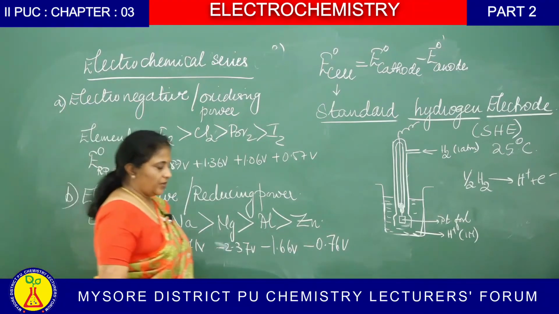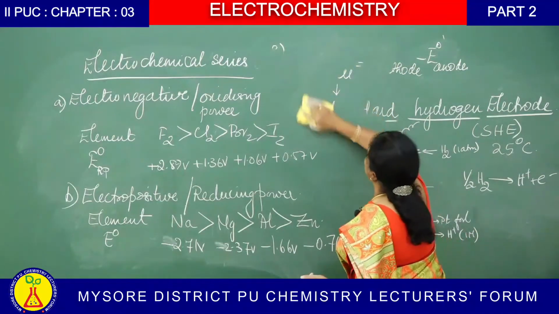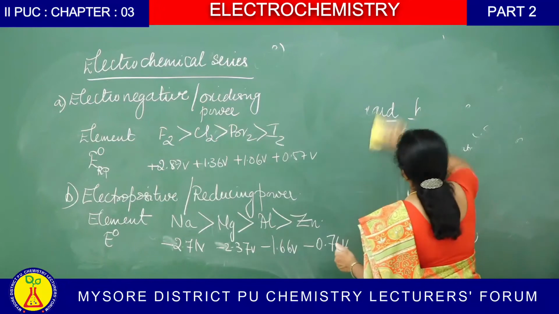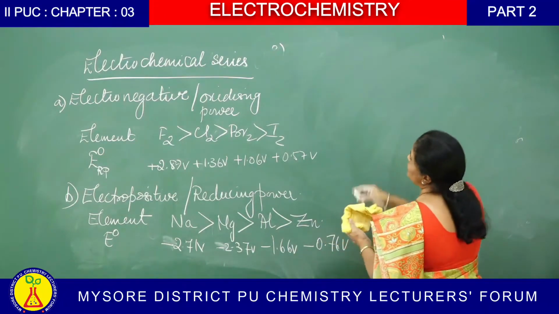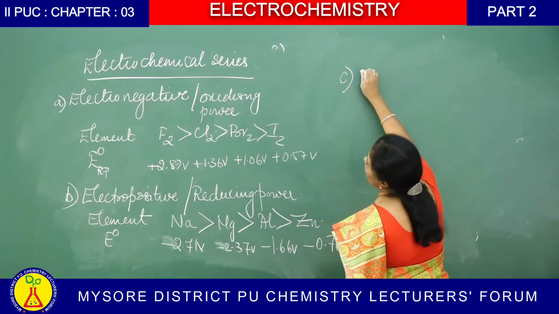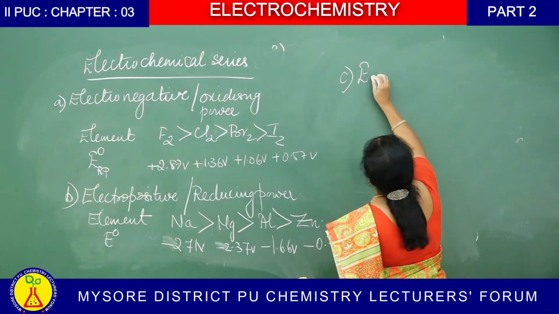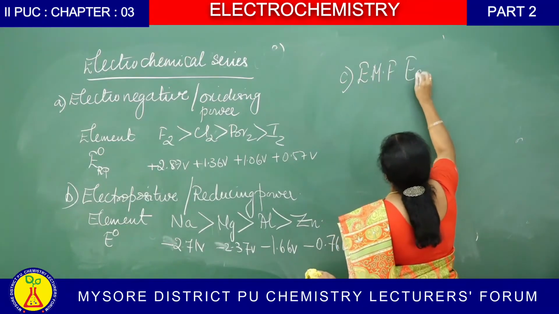Now, the third application of the electrochemical series is to calculate the EMF of the cell. You can use this electrochemical series to determine the EMF of the cell, that is E cell.